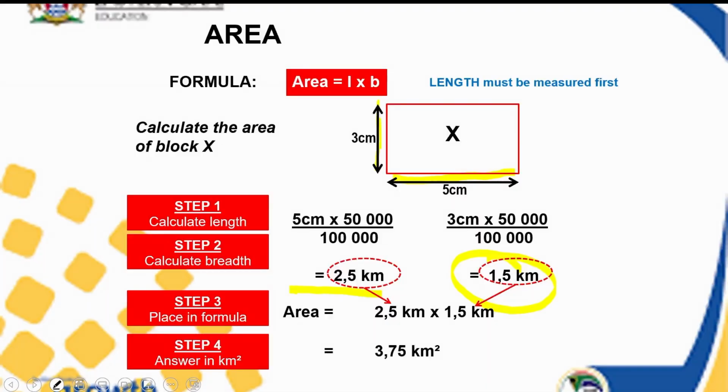The area of this map is 2.5 kilometers multiplied by 1.5 kilometers, which is the length and the breadth. And your final answer will be 3.75 square kilometers. Why? Because the area may be needed in square kilometers. So it means you need to multiply a kilometer by a kilometer.